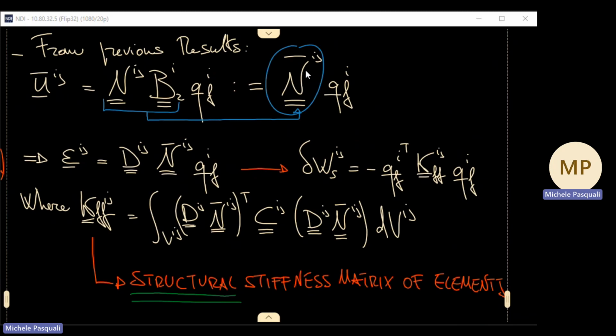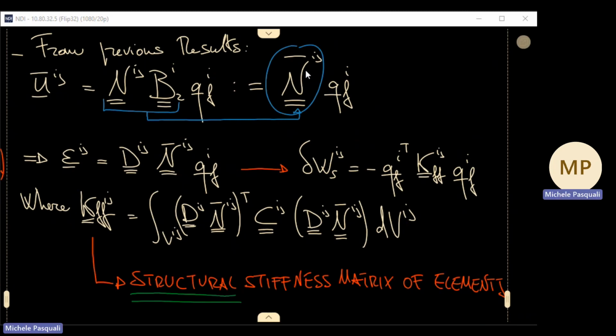The consequence is that this matrix is not semi-definite positive, it's definite positive. So for every possible non-null vector, you're going to have accumulation of elastic energy, meaning that you are excluding rigid rotation or translation.